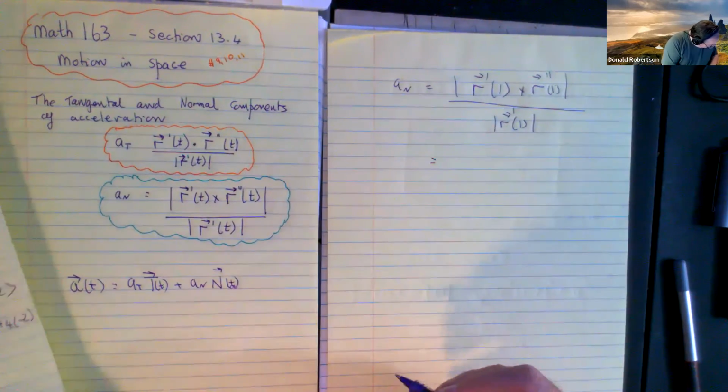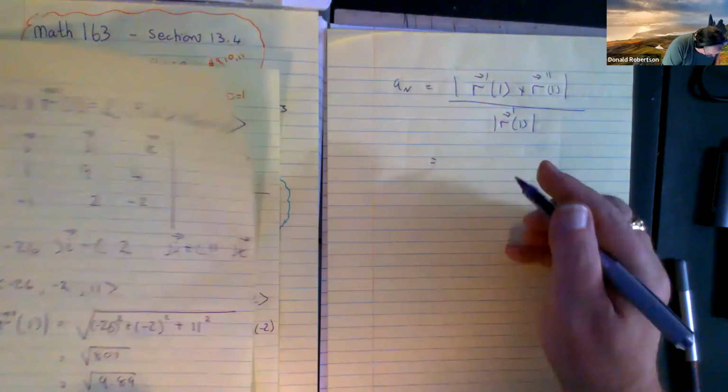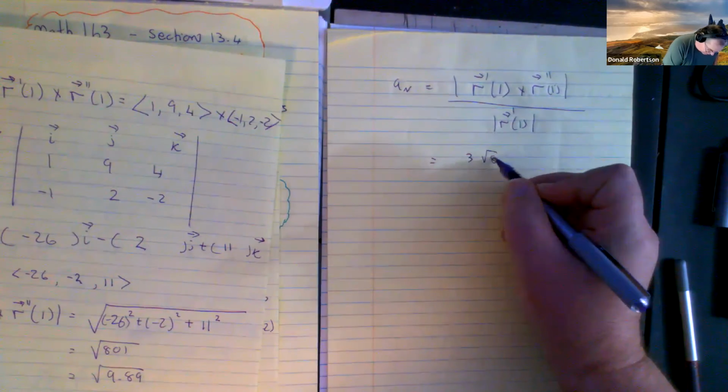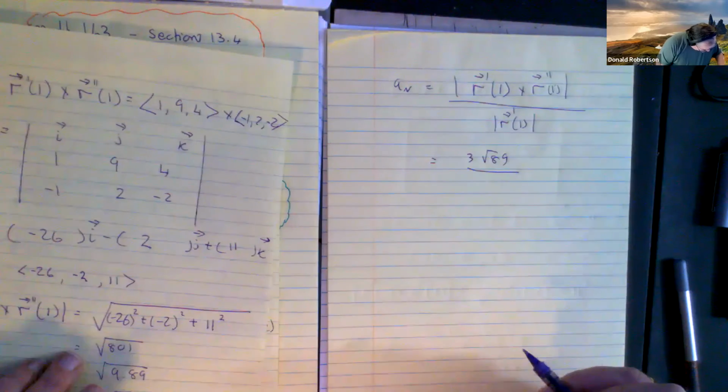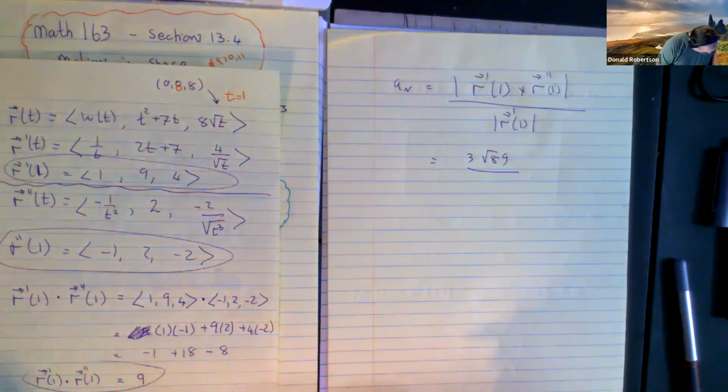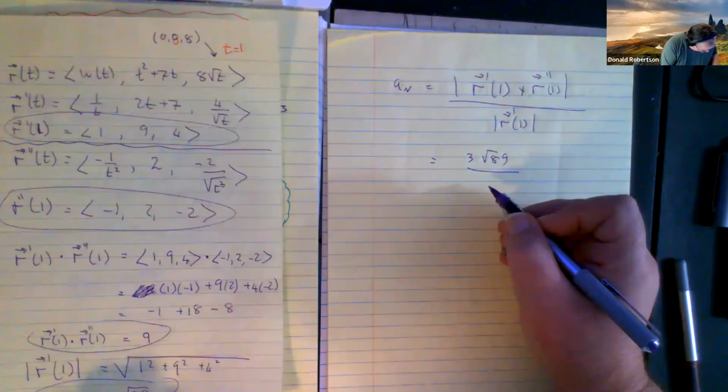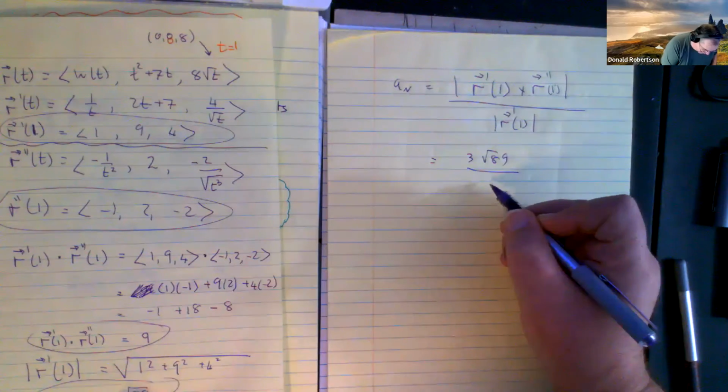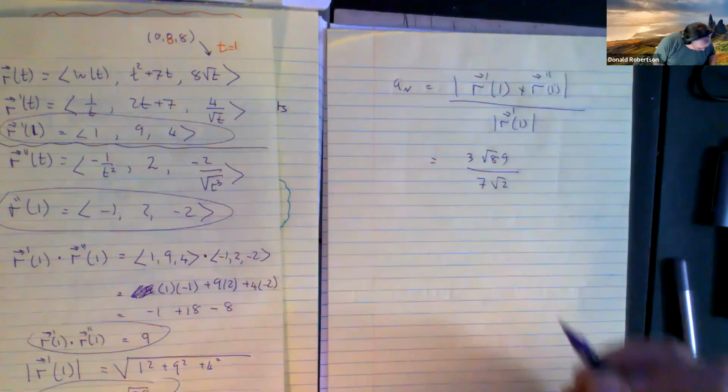And the cross product ended up being that, and the first derivative ended up being, I actually ended up being 7 square root of 2, didn't it?